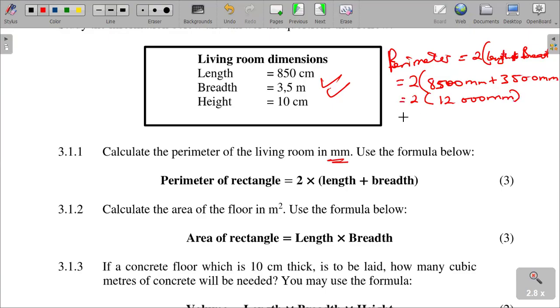And then we continue, which is going to give us 2,400, multiplied 12 times 2, 24,000 millimeters. As to say that is the perimeter that is being asked there. So here it is plus, here it is plus, this is plus. Yes, which is the formula that I'm just taking that is given there.